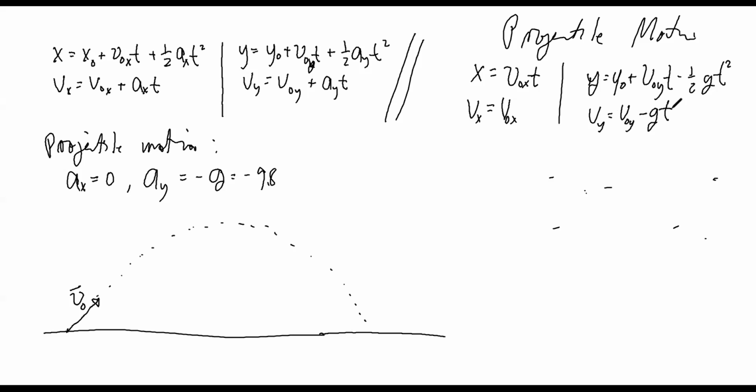For example, let's look at number 3.9 from the text. Let's see. Here we are. A physics book slides off a horizontal tabletop with the speed that's given.